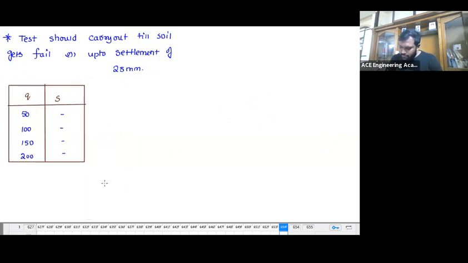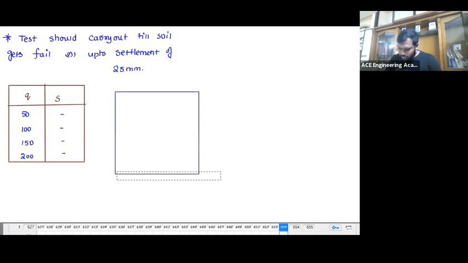On the x-axis Q, on the y-axis settlement.